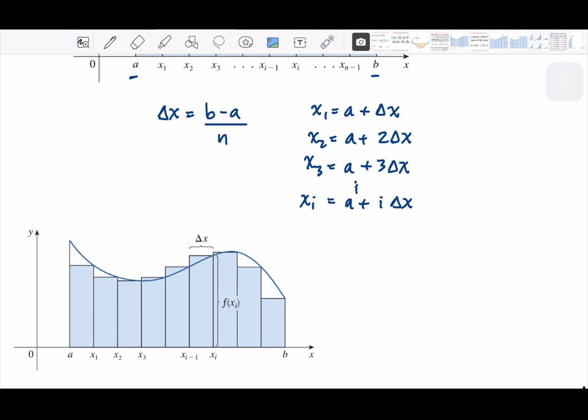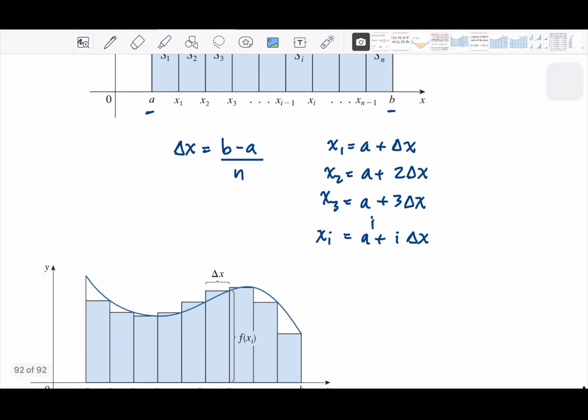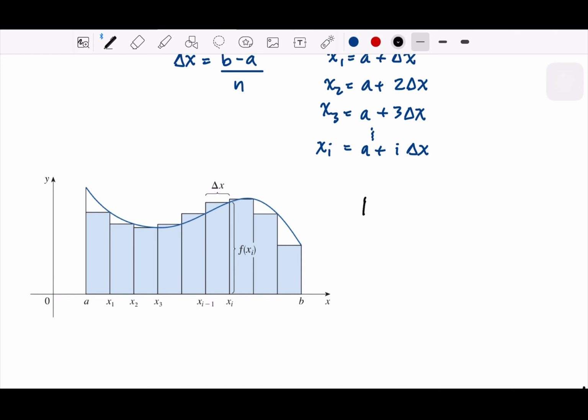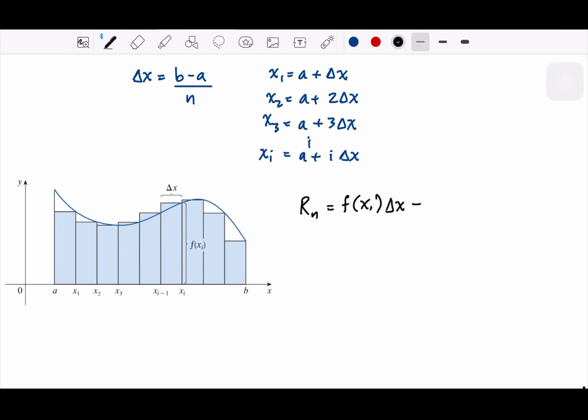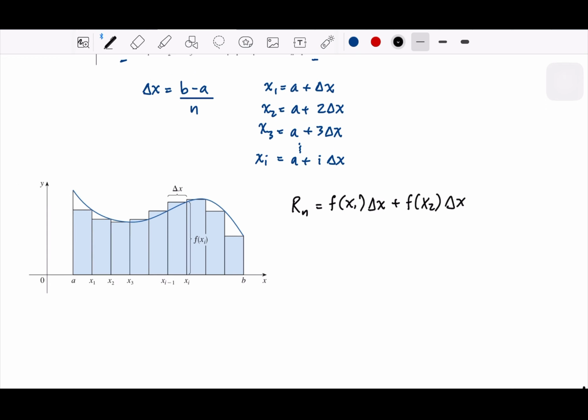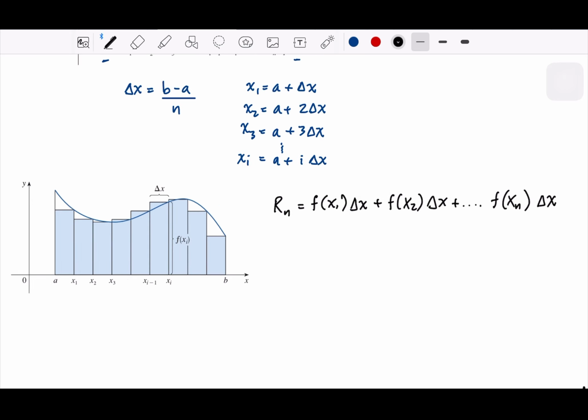So we could write down R_n, where n is the number of rectangles. We take f of x1 multiplied by delta x, plus f of x2 delta x, and then plus until some n, f of xn delta x.